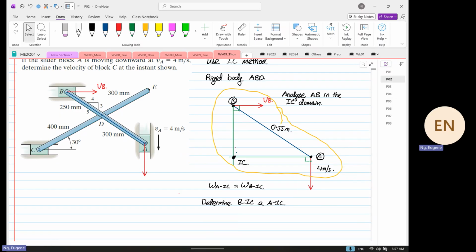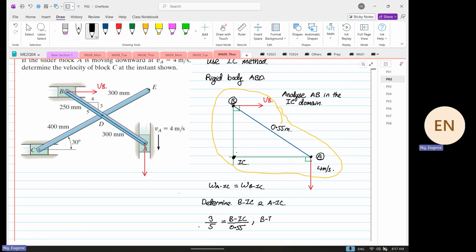We know that this is 3/5. And this is equal to BIC over 0.55.